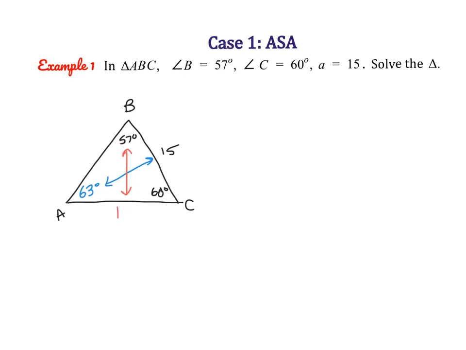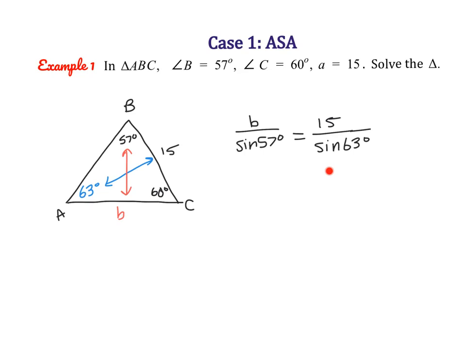I'll label this side b. So I'm going to set up the ratio like this: b over the sine of 57 equals 15 over the sine of 63 degrees. The reason why I did it in this way is because I know I'm solving for this, so I'd like it to be in the numerator if possible.